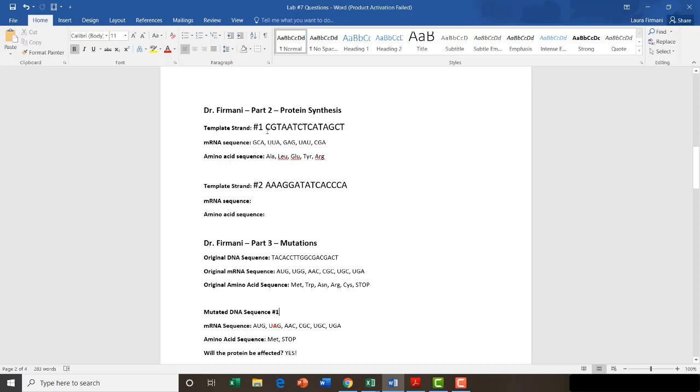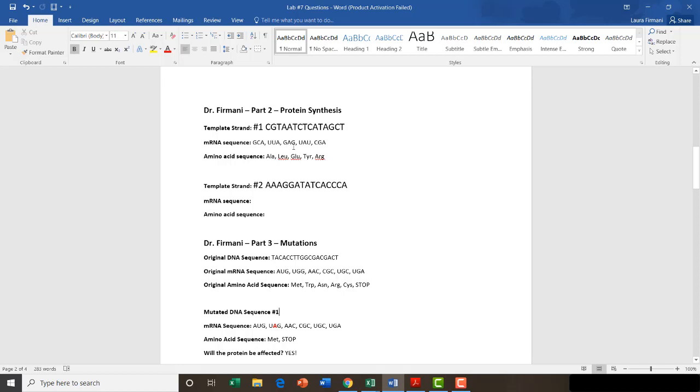So I know my first codon will be complementary. C goes with G, G goes with C, and T goes with A. So we just did the first 3 bases. The next one is AAT. Remember, A always binds with U in mRNA, so A is U, A is U, and T goes with A. The next 3 are CTC.